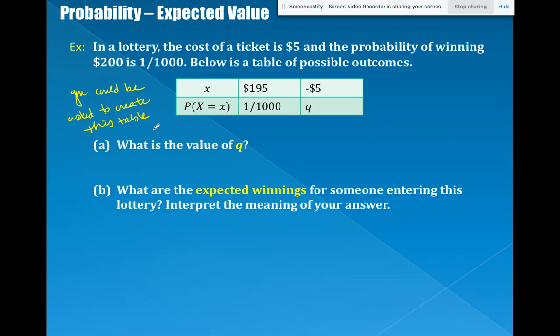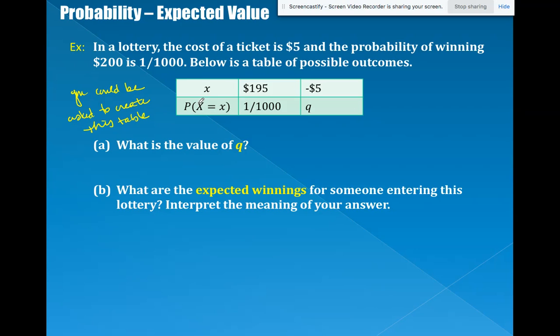As you're writing that table down, think about how I came up with those values. Or even if you didn't make it, let's say it was given, can you interpret what each one of those entries means?